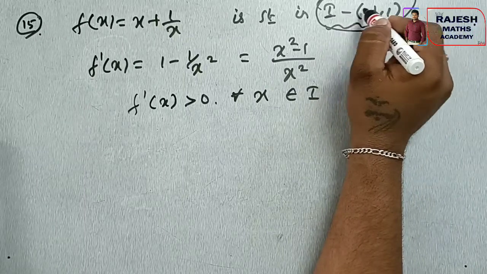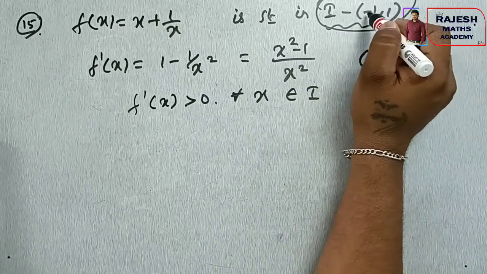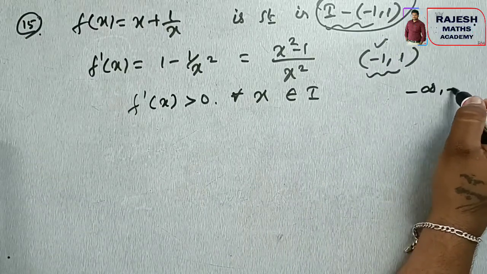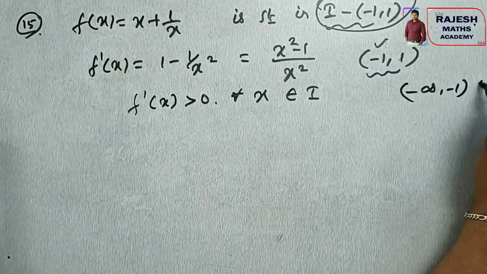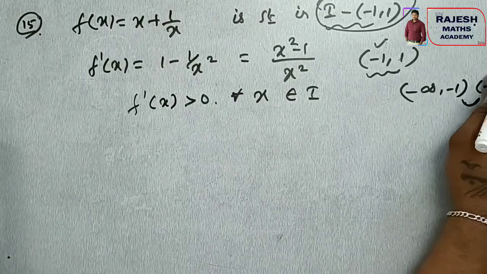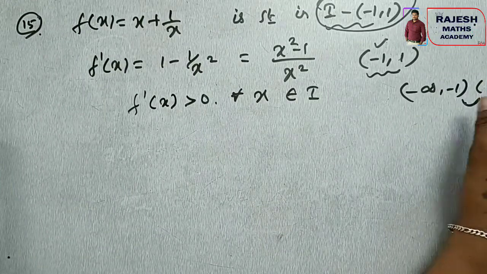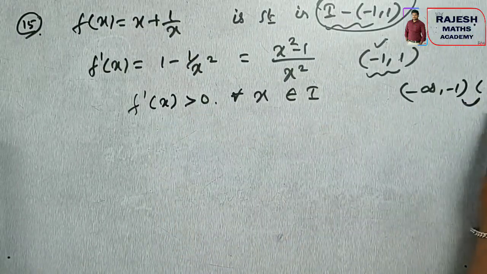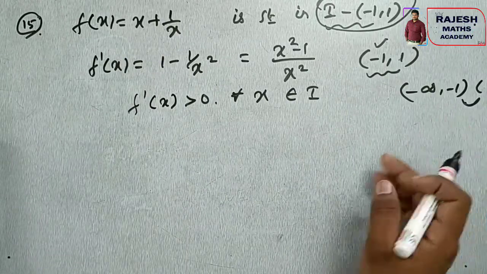So I is disjoint from minus 1 to 1, which means we can take the values minus infinity to minus 1, then 1 to infinity. The values in between, minus 1 to 1, we are not considering. In this interval it is greater than or equal to 0, and 1 to infinity is also greater than or equal to 0.